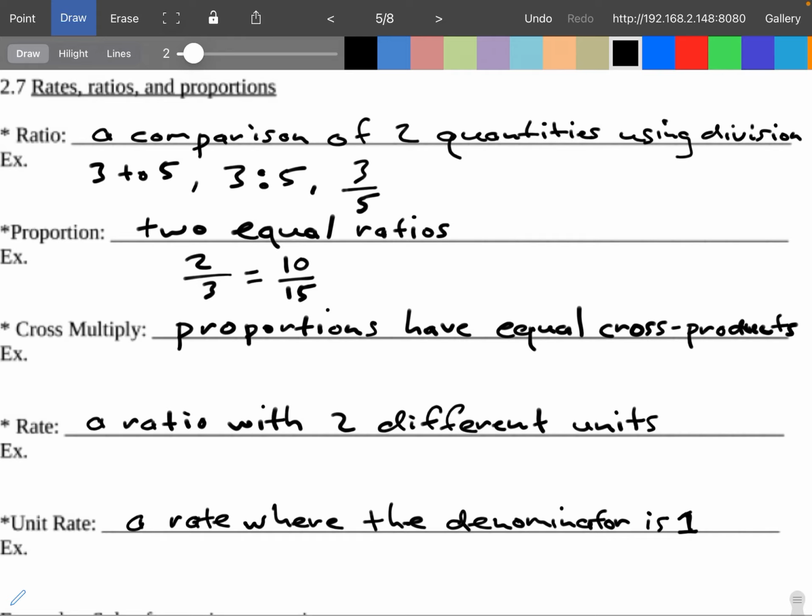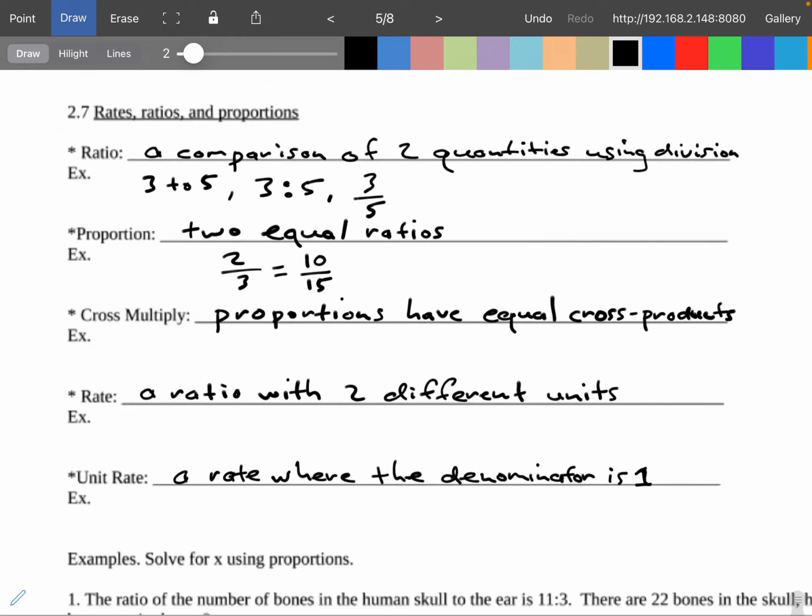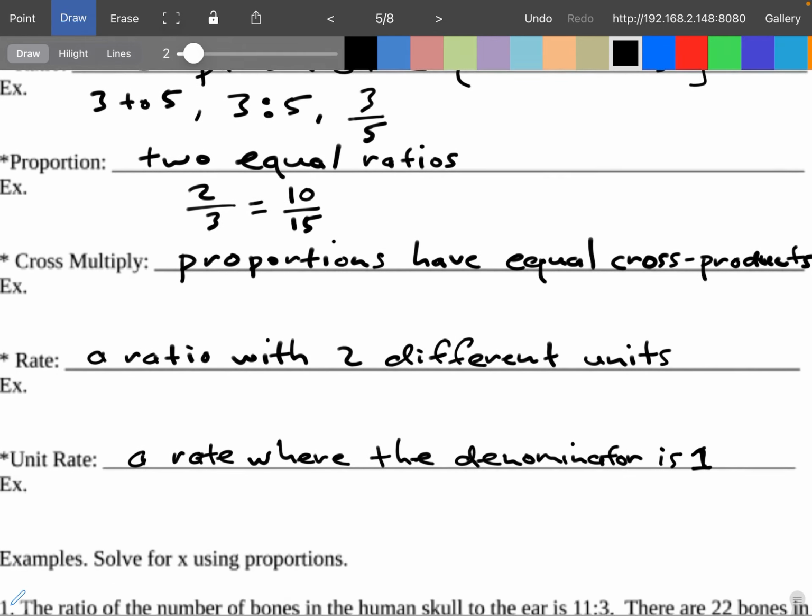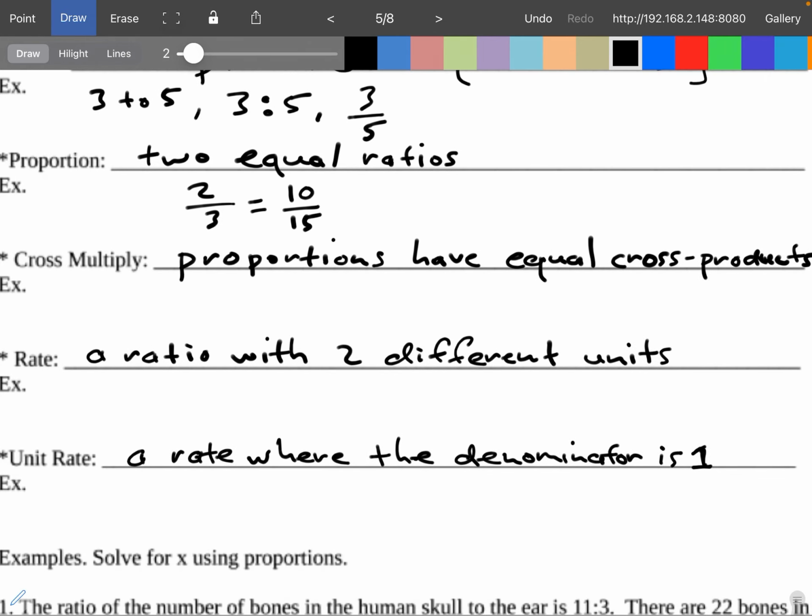So that's the proportion. And then the next one, it says proportions have equal cross products. So let's use that same example. So if I have 2/3 equals 10 over 15, what do I get if I multiply these two together? What's 2 times 15? 30. All right, so I got 2 times 15 would have to equal the other cross product.